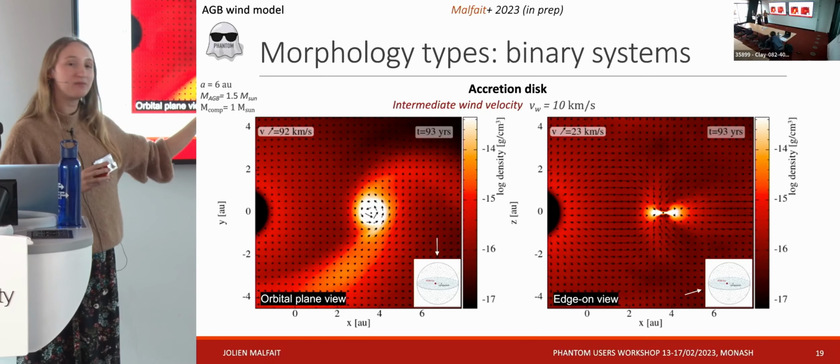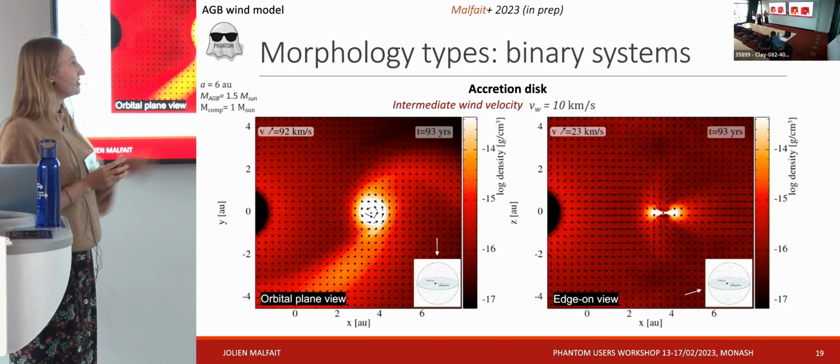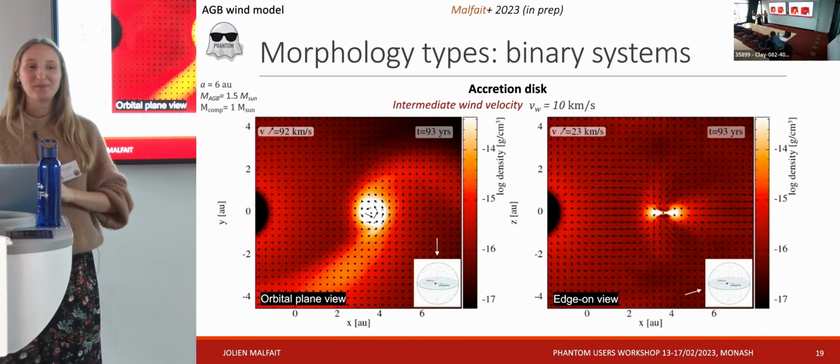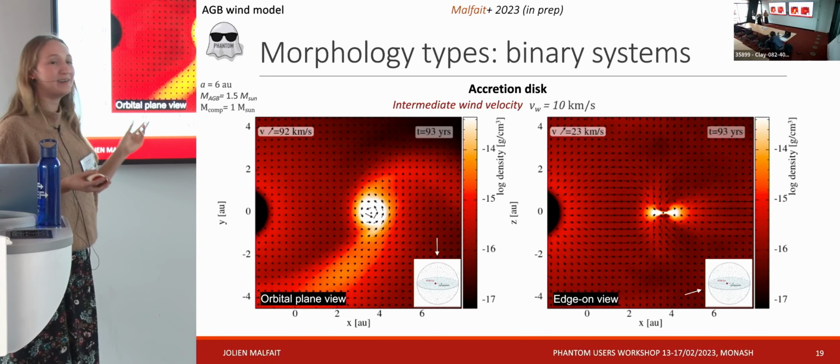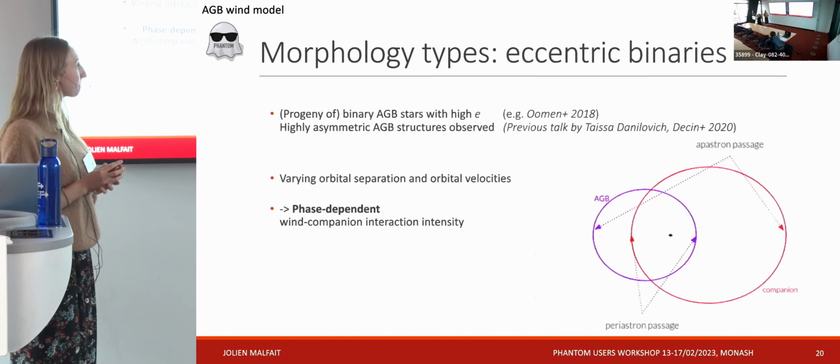And if you look at the edge-on view, you see that this disk has a flared shape. So these are recent new results that still have to be published, and we got this because of the inclusion of this H1 cooling, which we did not have in our first papers.